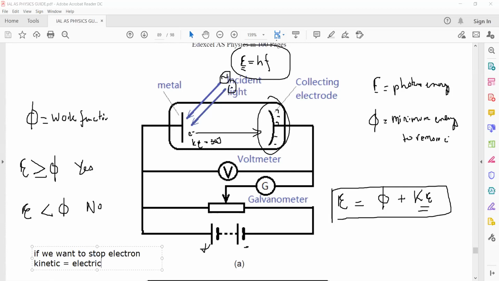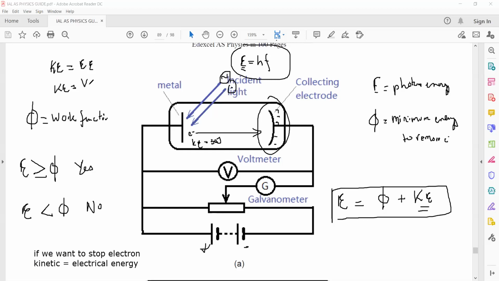If kinetic energy is 20 joules or 30 joules, the electrical energy should be the same, so that we can stop this electron. The electrical energy is given by voltage multiplied by charge. So kinetic energy is equal to electrical energy, and electrical energy is voltage multiplied by charge.